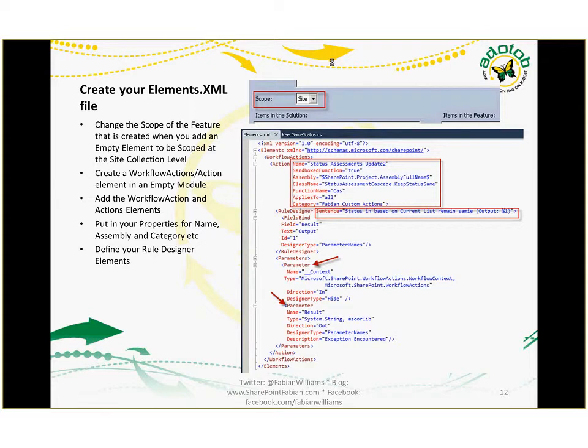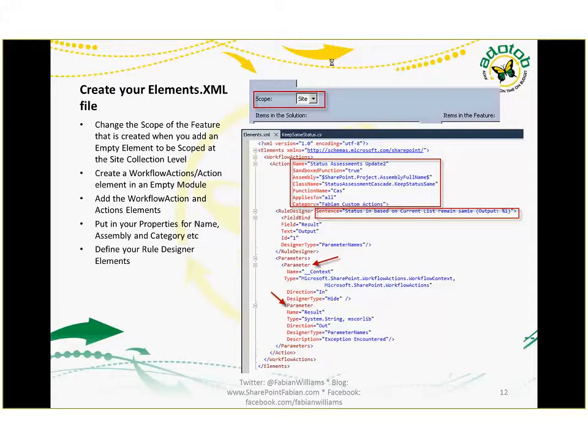There are a couple of different ways you can do this. Obviously, you've got to give it a proper name, set sandbox function to true, provide the assembly name referencing the class file that you created, and give it a proper function name and a category.